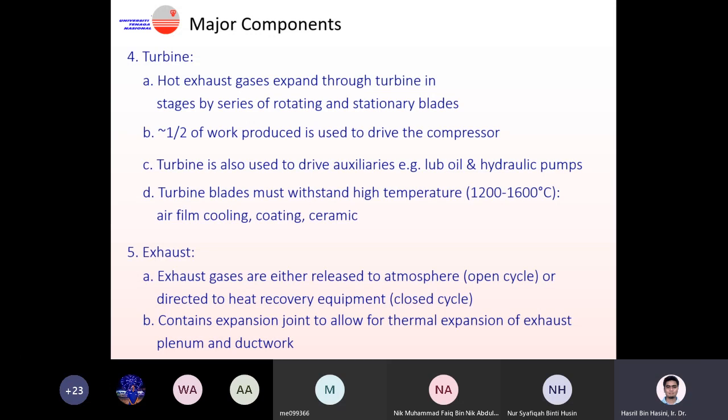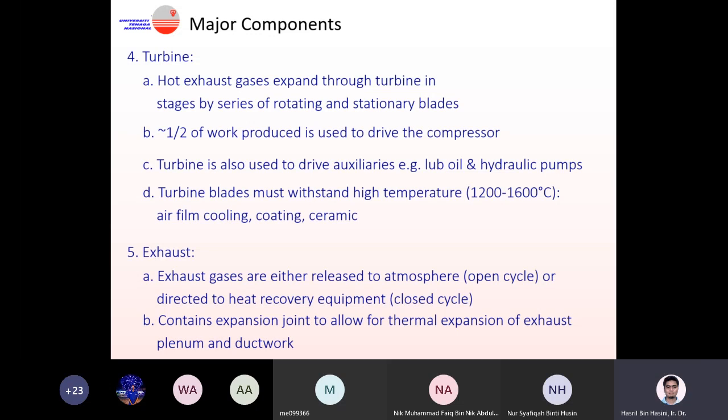You can see the temperature can go up to 2000 Kelvin, or 1700 degrees Celsius, which will be experienced by the first stage nozzle or first stage blade in our turbine.